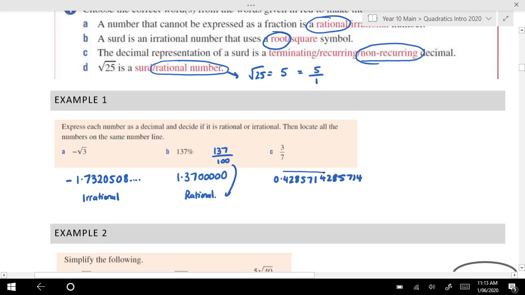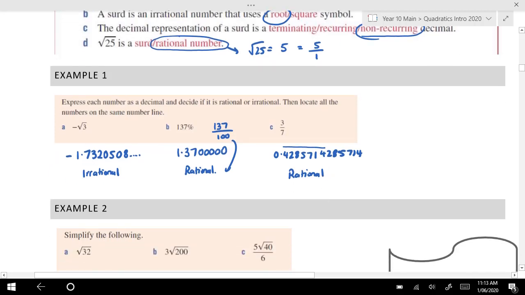After we get to here, we're repeating. So it's this recurring decimal. So this means that it's also rational. Anything you express as a fraction that's not simplified is also rational as well.